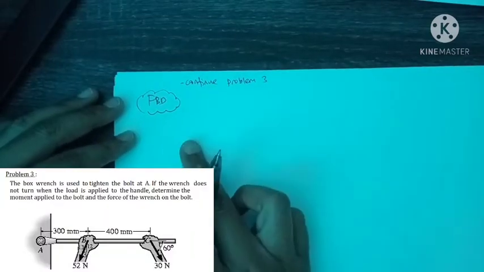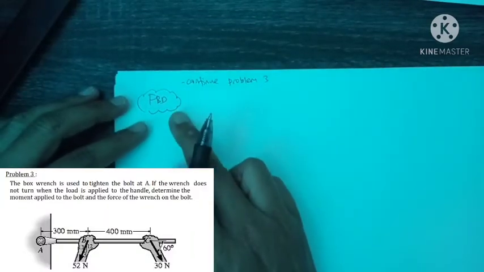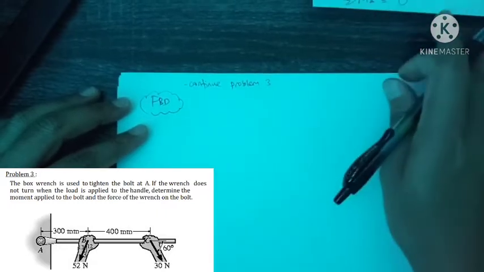Okay, so now we can draw the FBD again completely because we have already all the information.